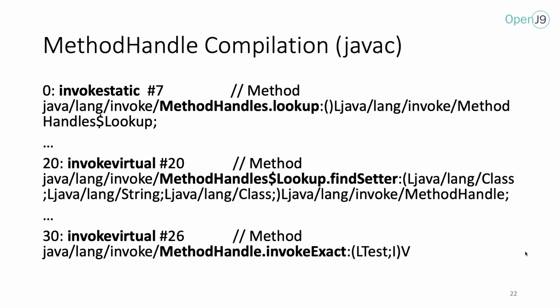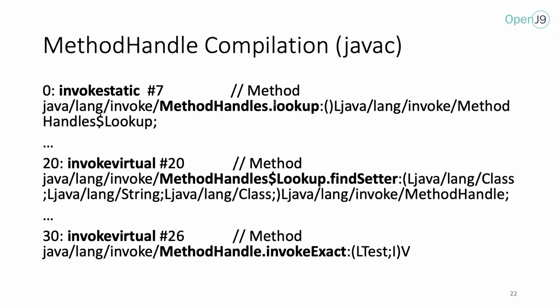So the first stage is the MethodHandle compilation that is done in Javac, where MethodHandles.lookup is converted to an invokestatic, and then findSetter is an invokevirtual.